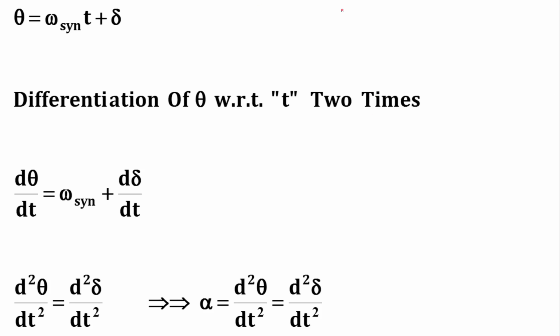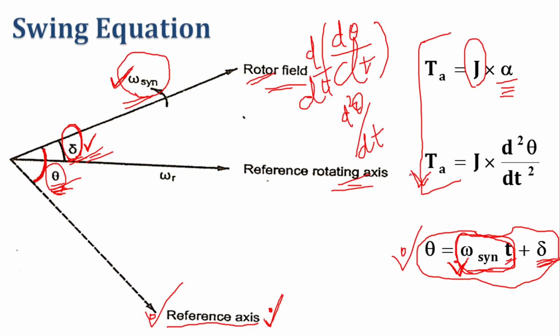So accelerating torque for a synchronous machine is equal to J into d square theta by dt square. Finally, if I want to find the accelerating torque, then I have to put the value of theta after the second derivative. We have theta equal to omega synchronous multiplied by t plus delta. If I take the 2 times derivative of this equation and put it over here, then I will get the accelerating torque, clear.